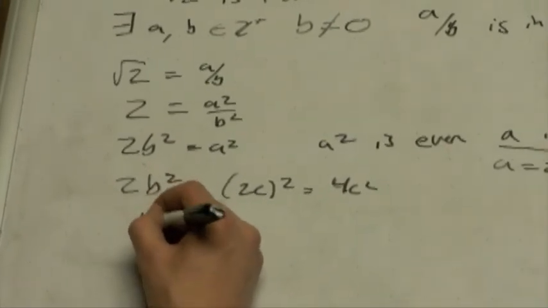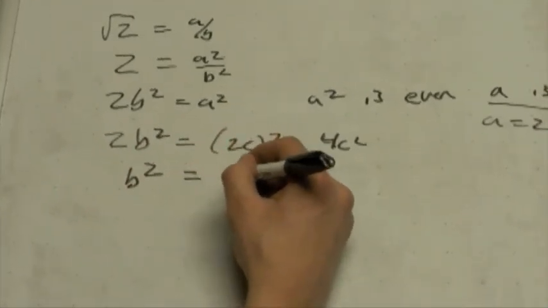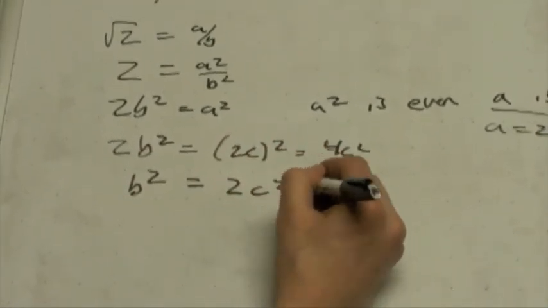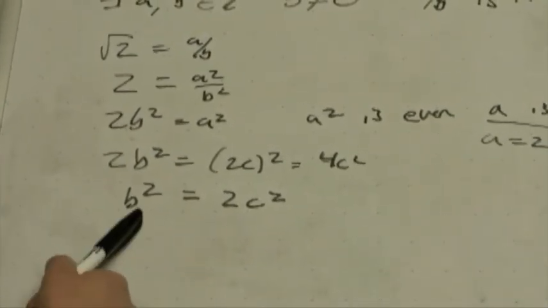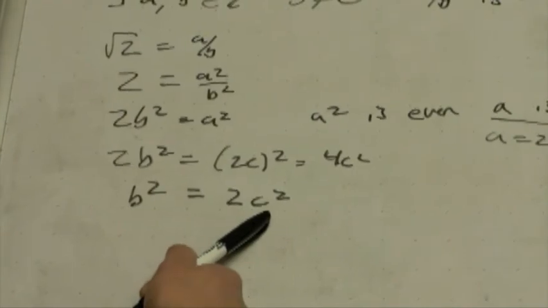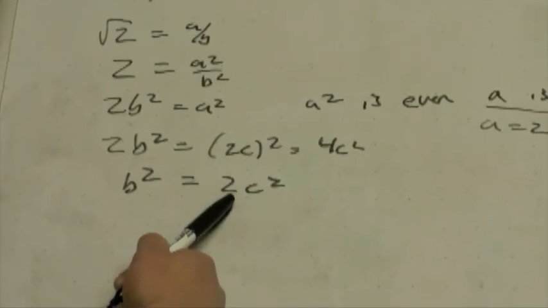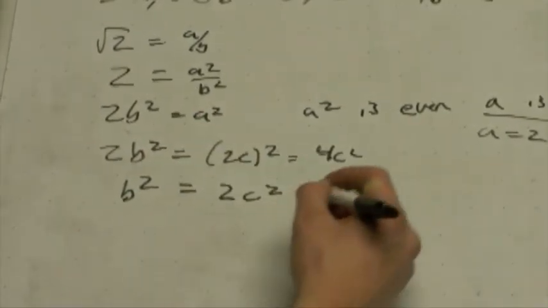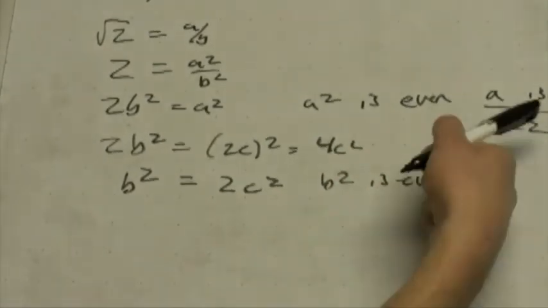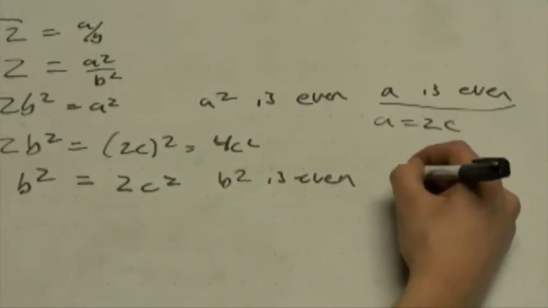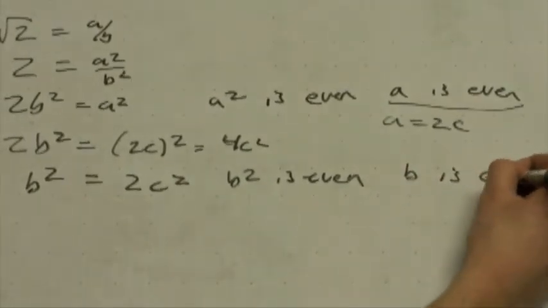Now this can be simplified by dividing by 2, so we get b squared equals 2c squared. And from here we can see that since b squared is equivalent to some integer squared multiplied by 2, we know that b squared is even. So now we see that b squared is even, and thus, as we proved before, b is also even.